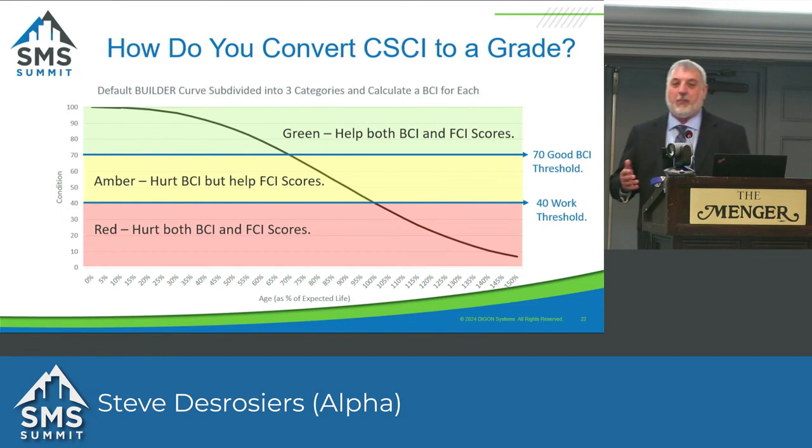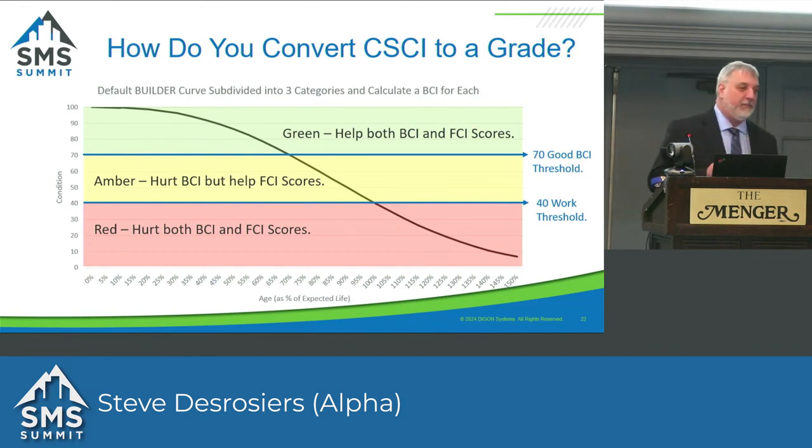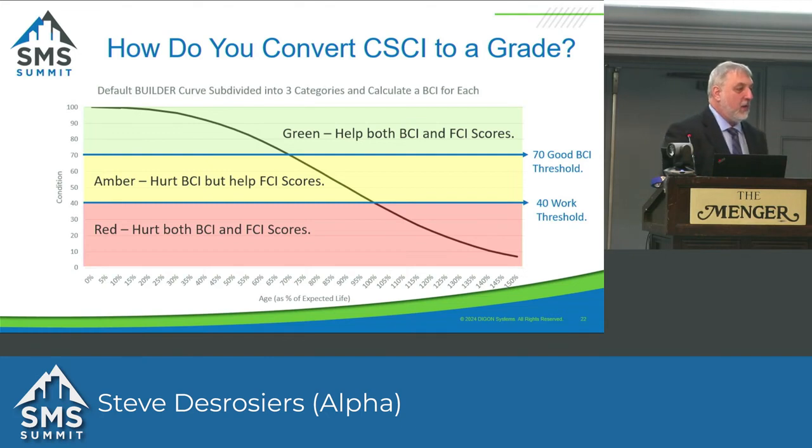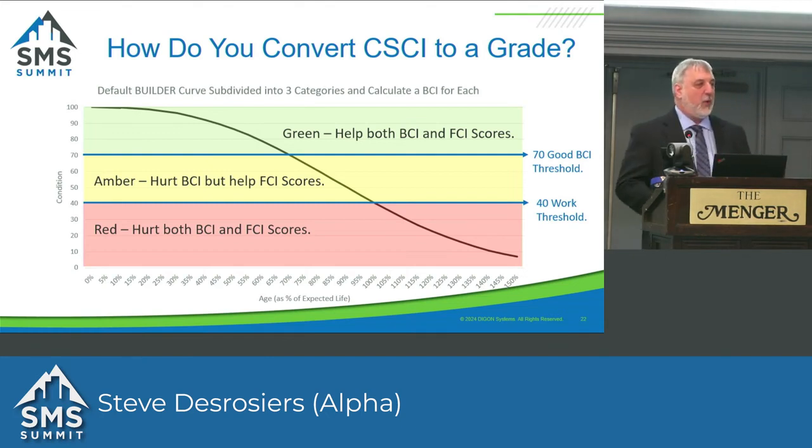So we tried A, B, C, D, F. We tried A, B, C, D, E, and F, and what we came down to is you can't take a school domain where the grades are based on 90%, 80%, and translate it to buildings. So what we did is we looked at the domain and what makes sense for buildings.